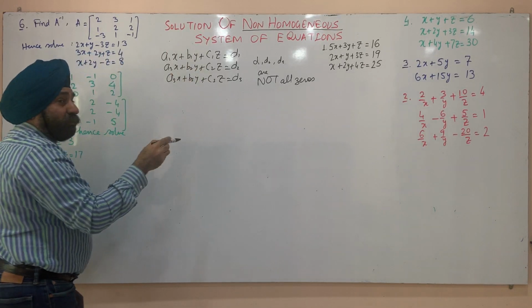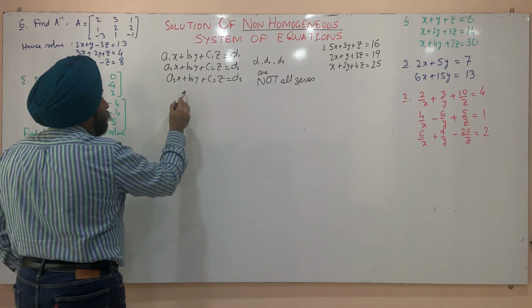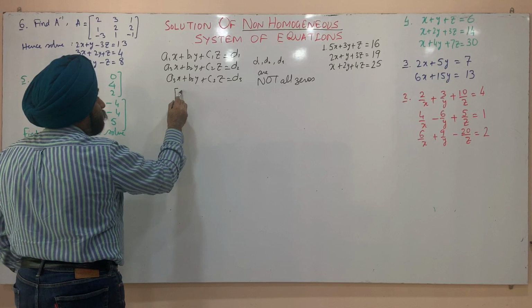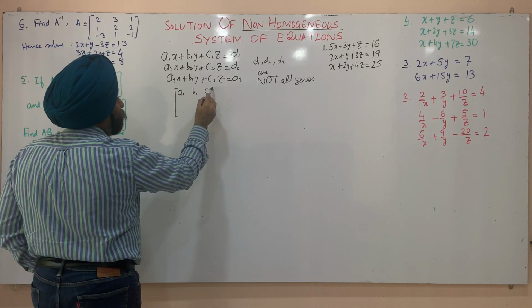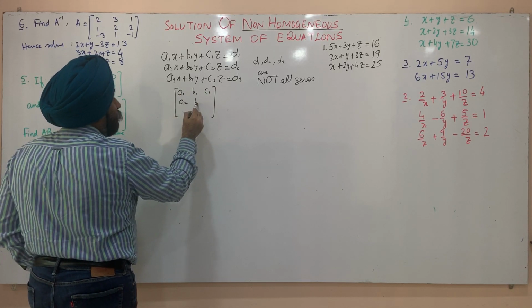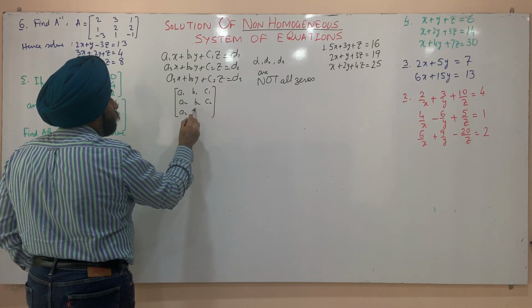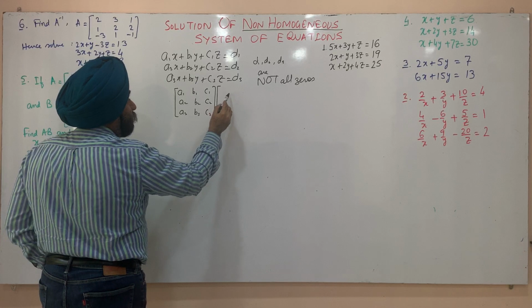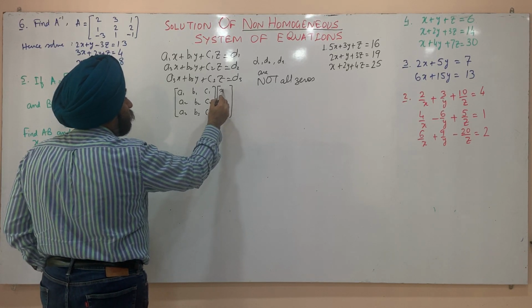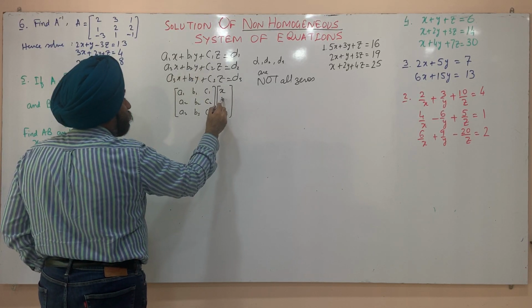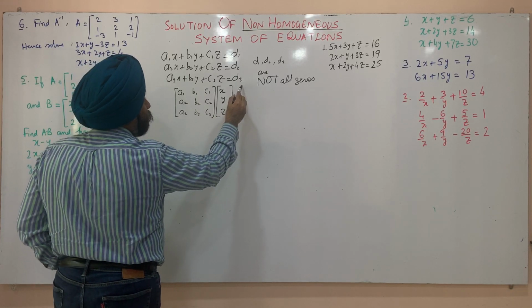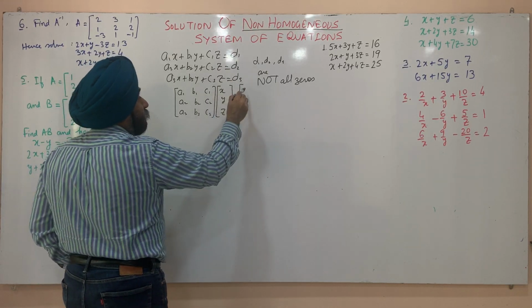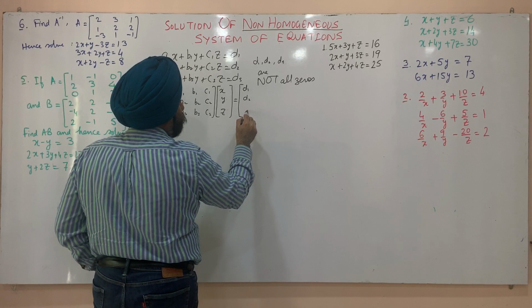This system can be written in matrix product form like this: a1, b1, c1, a2, b2, c2, a3, b3, c3, then a column matrix with unknowns x, y and z, equal to the values on the right hand side: d1, d2, d3.